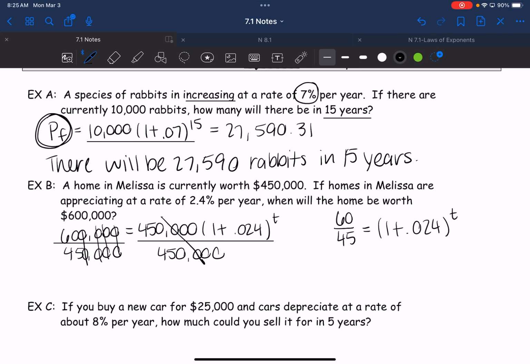Okay, so if you want to figure out where the value of t exists, you could put this in y1 in your calculator and this in y2 in your calculator and find where they intersect, right? That should give us the value of t. So we're going to type 60 over 45 in y1 and 1 plus 0.024 raised to the t in y2.